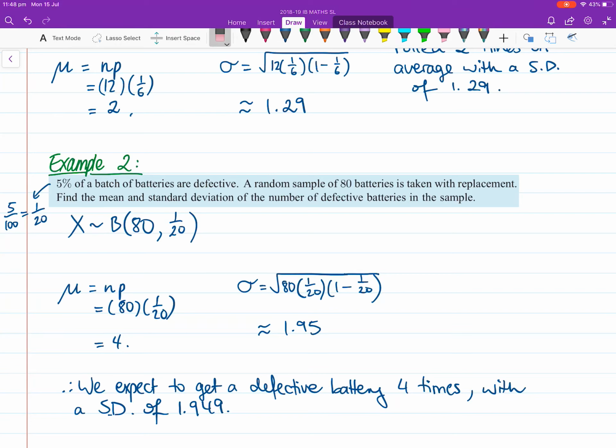So we expect 4 defective batteries on average, but the spread of all the different results that you could get is 1.949 standard deviations away from the average.